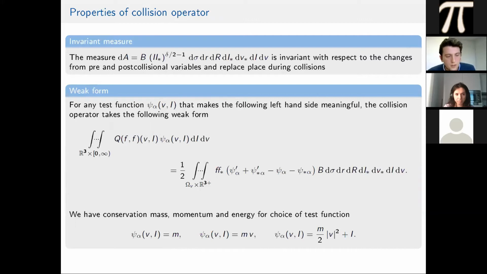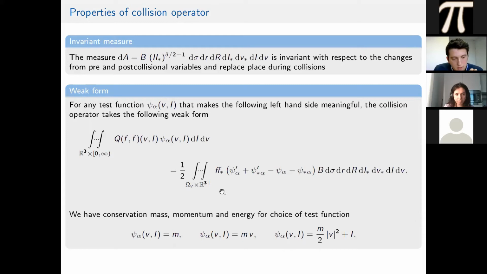And why do we want this? Because when we multiply our collision operator with some test function and integrate, we want to calculate this. This invariance allows us to play with the measure and to have a form like this.